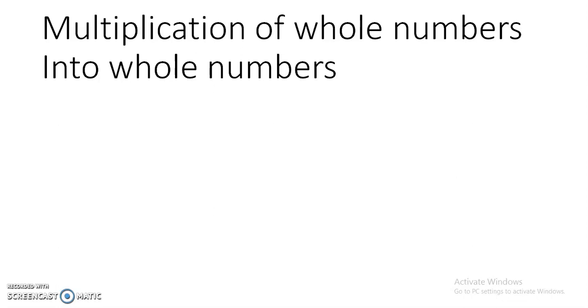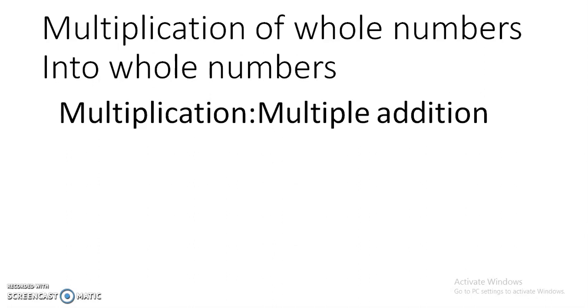Multiplication of whole numbers into whole numbers. Whole numbers begin with the number 0, 1, 2, 3, and so on, and it extends to infinity. You already know how to multiply whole numbers. Let me begin with reminding you what exactly is multiplication.